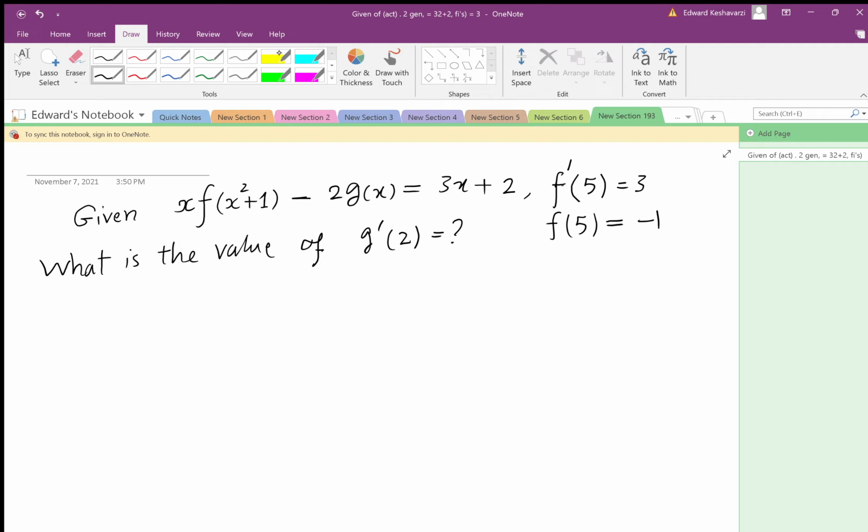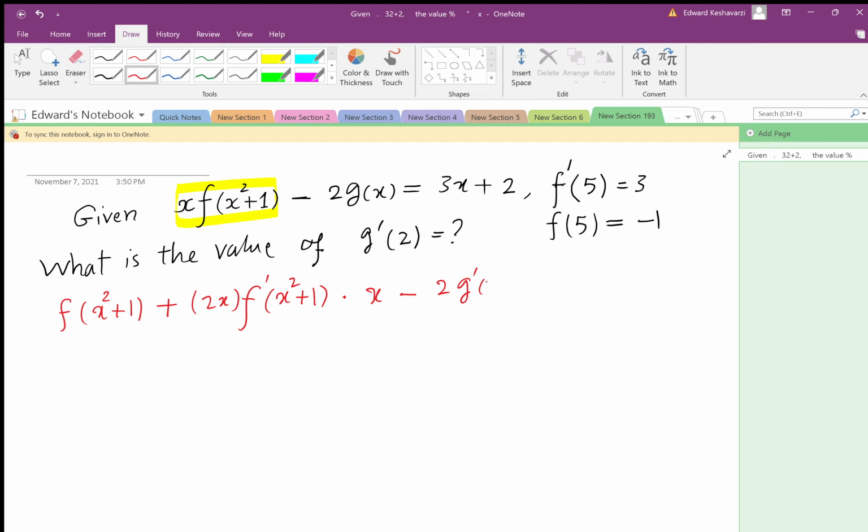Okay, if you look at this yellow one, it's the product rule. So we need to differentiate. The derivative of x is 1 times f of x squared plus 1 plus, now we need to take the derivative of f of x squared plus 1, and we just learned that we need to take the derivative of inside function first. 2x f prime x squared plus 1 times x minus 2g prime x equals 3.